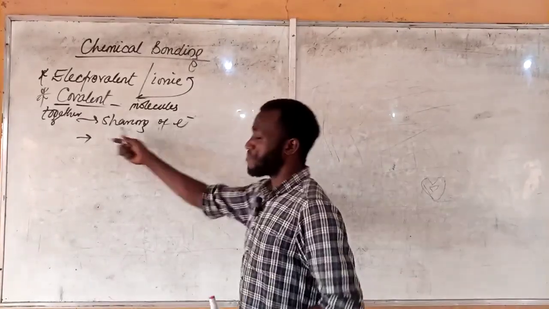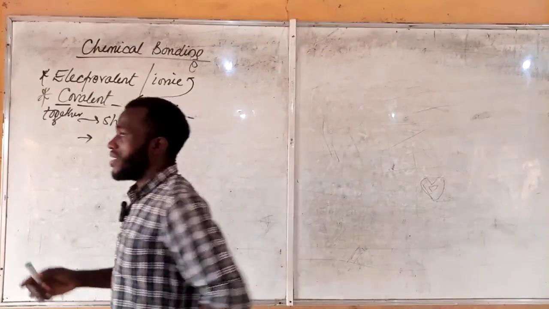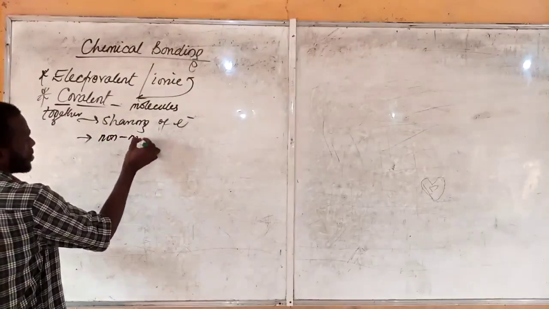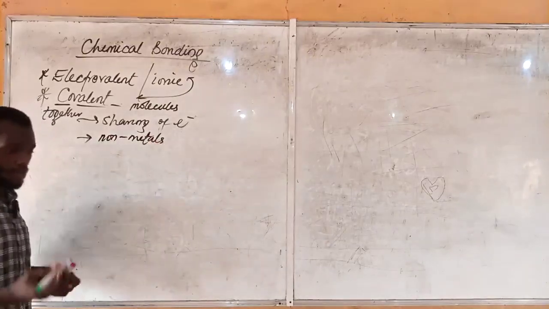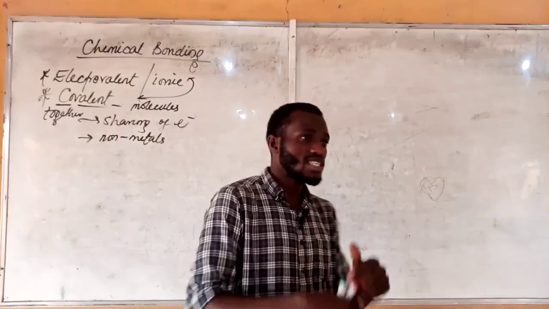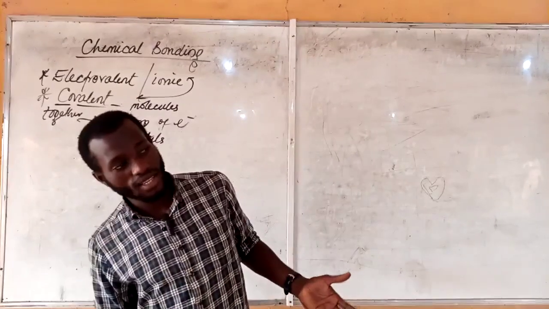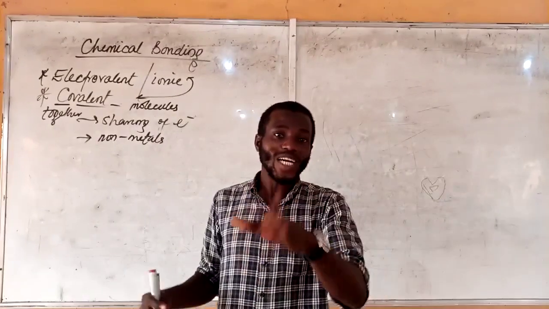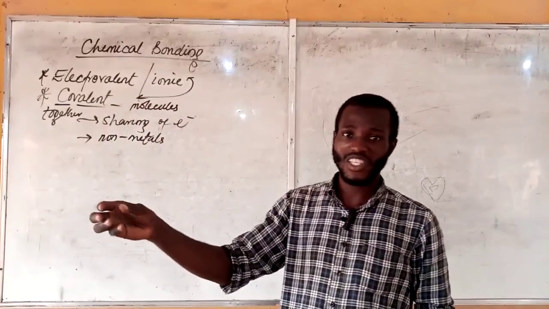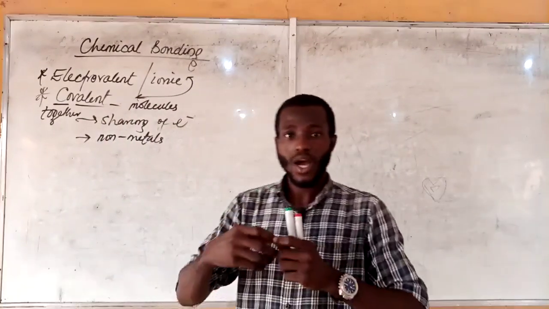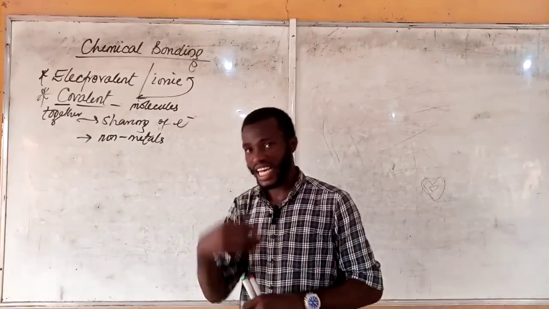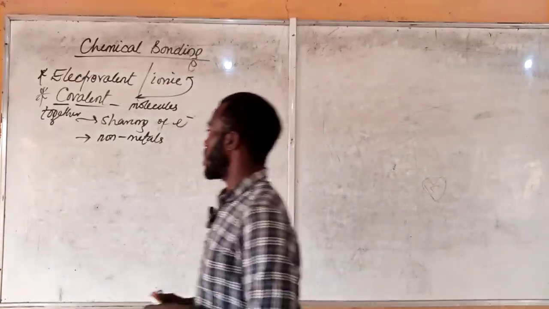So it happens between non-metals, all right? For example, if oxygen doesn't find a suitable partner who can donate electrons, what does it do? It finds another oxygen and comes together with that oxygen, and they bond covalently. They share their electrons, and I'm going to show you how in just a moment.